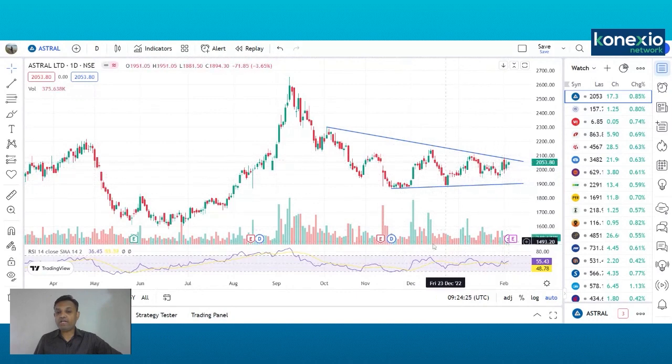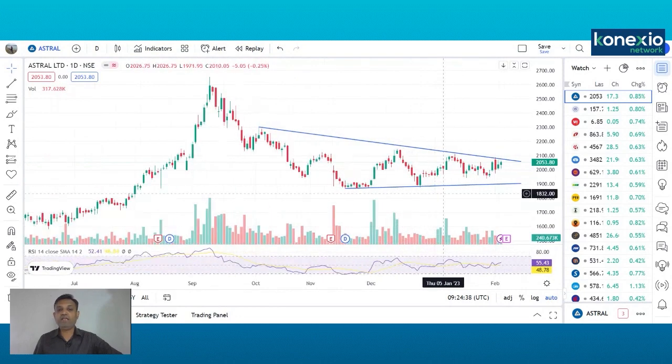They are consolidating. When prices were making lows, RSI is indicating slightly positive divergence. The price, volume, and momentum indicators are clearly indicating that the stock is on the verge of a breakout, and we might see a sharp or a decent rally from the current levels for the long term perspective.